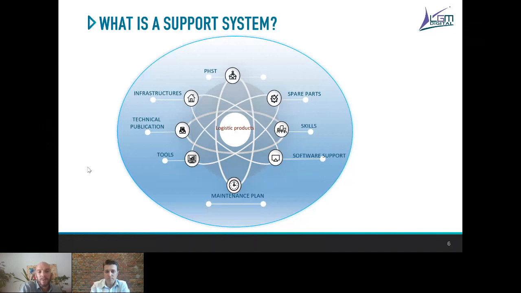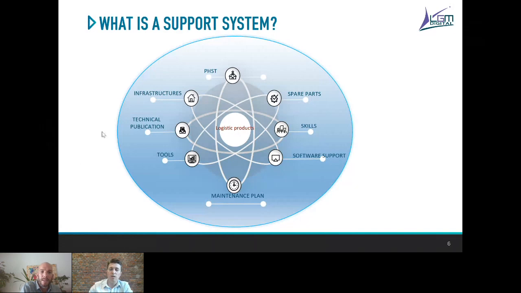And then you have the PHST, packaging, handling, storage, and transport, to define how to package, how to handle and store your spares, and whether you are allowed to transport them by plane or by boat also.